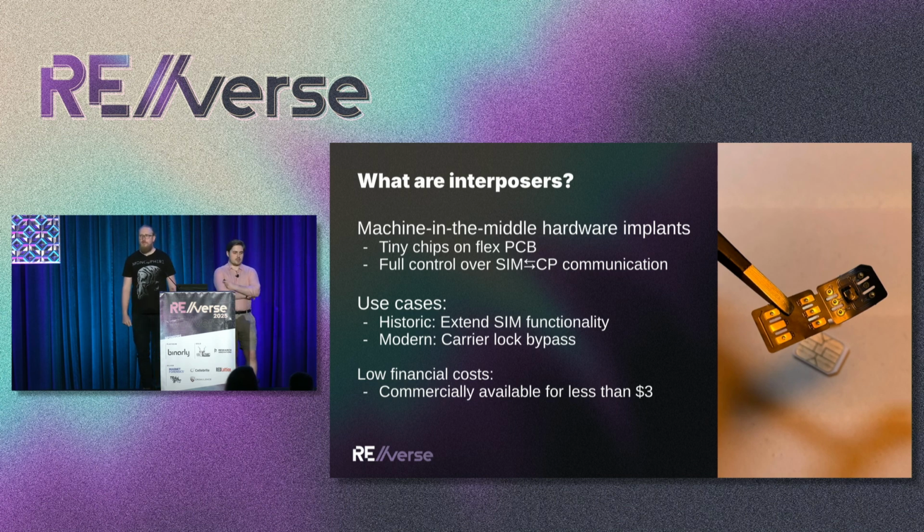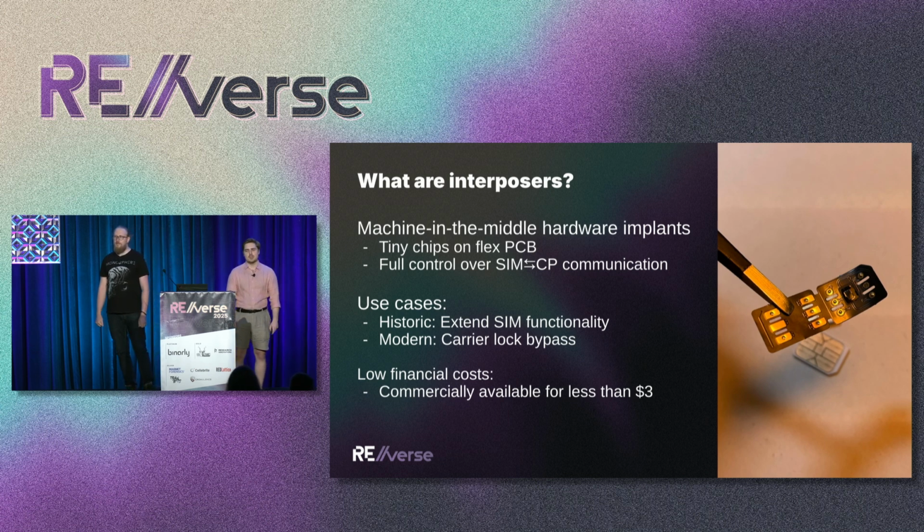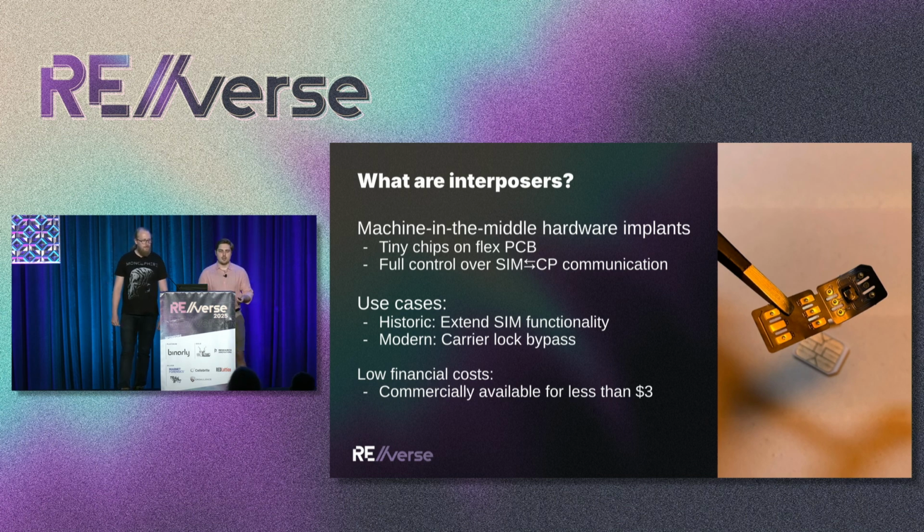But in the modern era, you tend to find these as carrier lock bypasses, so especially for iPhones. So they're advertised as being able to bypass your carrier-locked iPhone to essentially use any SIM that you'd like from any carrier. And this is a very cheap solution. It only costs around $3 at most.